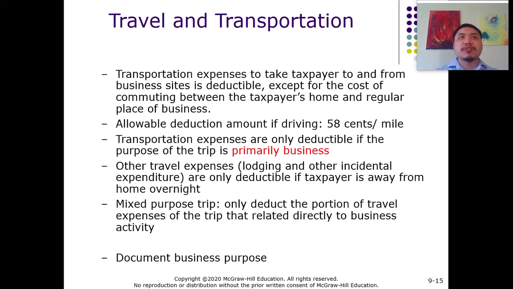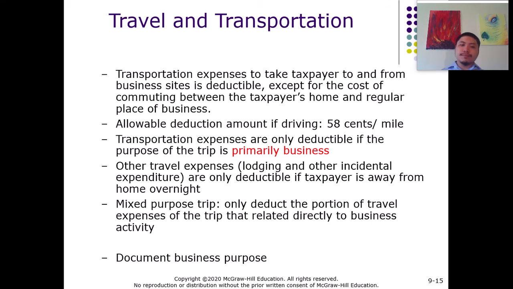And if the taxpayer does not fly or take a train, but instead drives to the business site, then the taxpayer can choose to deduct by the mileage, right? And currently the allowable deduction rate is 58 cents for a mile that the taxpayer travels to and from the business site.